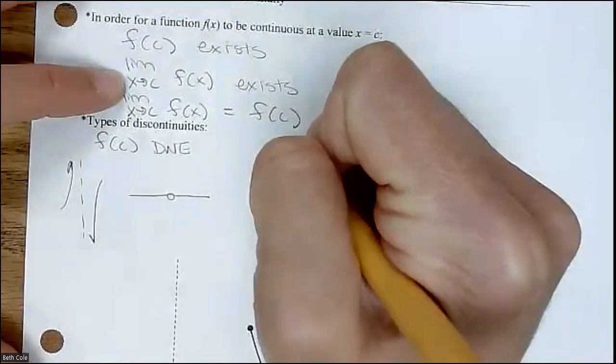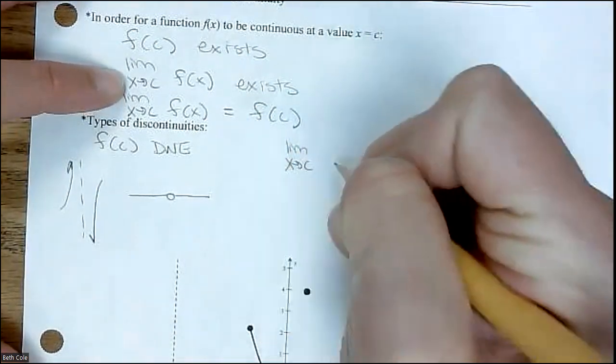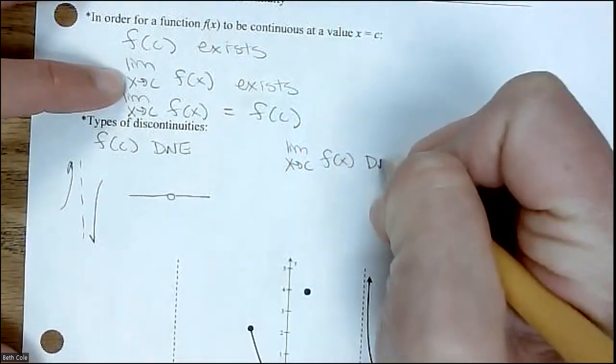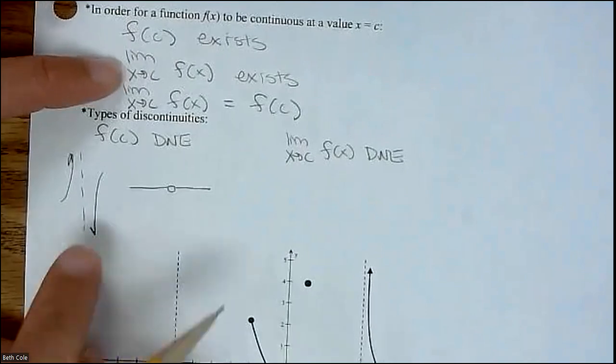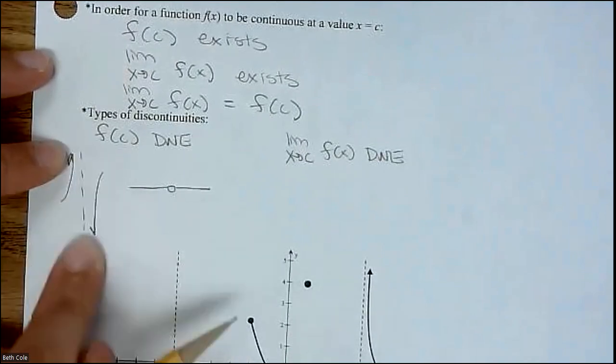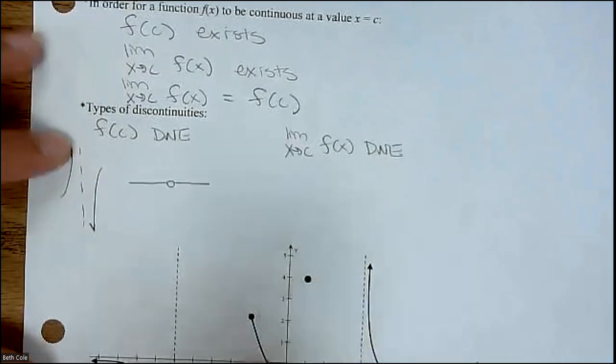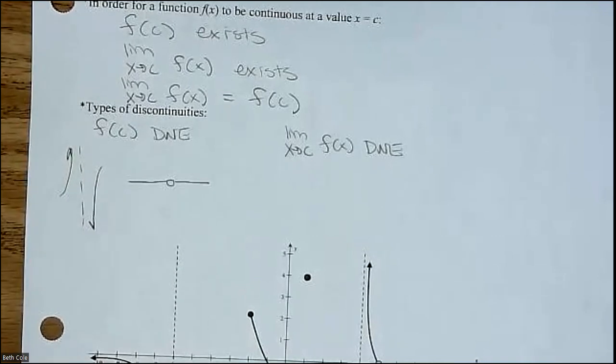Now we're going to break the second rule. Limit as x approaches c of the function does not exist. There's one way this can happen, where your limit does, well, actually, having the asymptote here, the limit wouldn't exist as well, but there's one other way. How could you have the limit not exist? What would it look like?